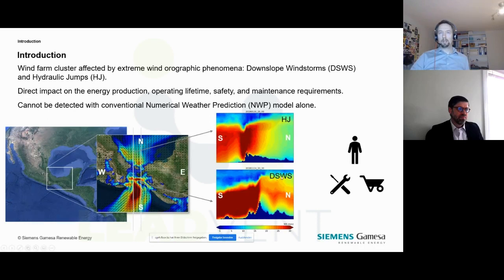And some expert in the field, which is not me, which is actually my colleague Miguel, can directly, by visually inspecting these images, detect which of these phenomena is currently visible. And this is what we are going to predict, or these are the two critical phenomena that we want to detect in the end. So yeah, then you can also see at the bottom of these images the orography, so the mountains, and where the wind speeds are passing the mountain and how these patterns are evolving then. All right.